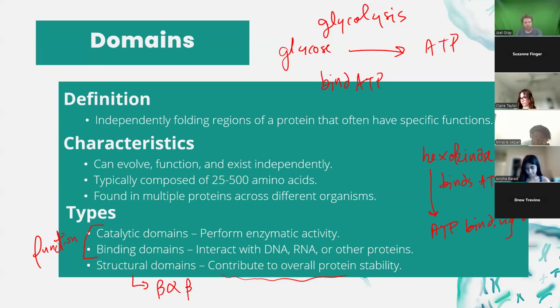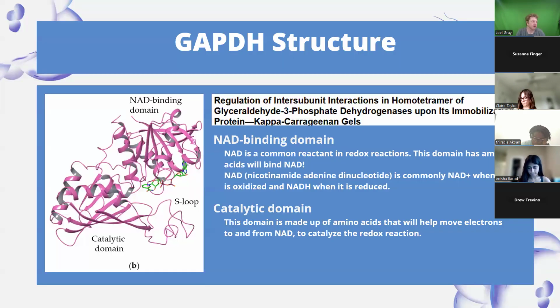To speak more generally, we can look at this example right here. GAPDH. This is a protein that's involved in glycolysis. This is glyceraldehyde 3-phosphate dehydrogenase, and it has two major domains. One domain is for binding a molecule known as nicotinamide adenine dinucleotide, and the other domain is for carrying out a catalytic reaction. So it's almost like if my two hands did different things.